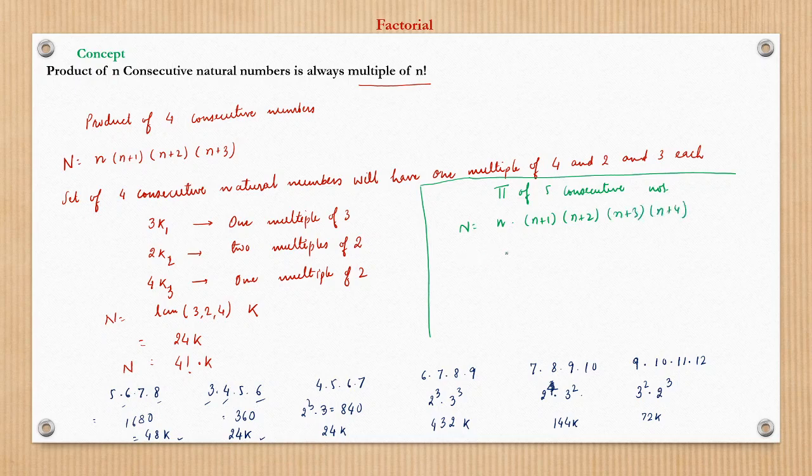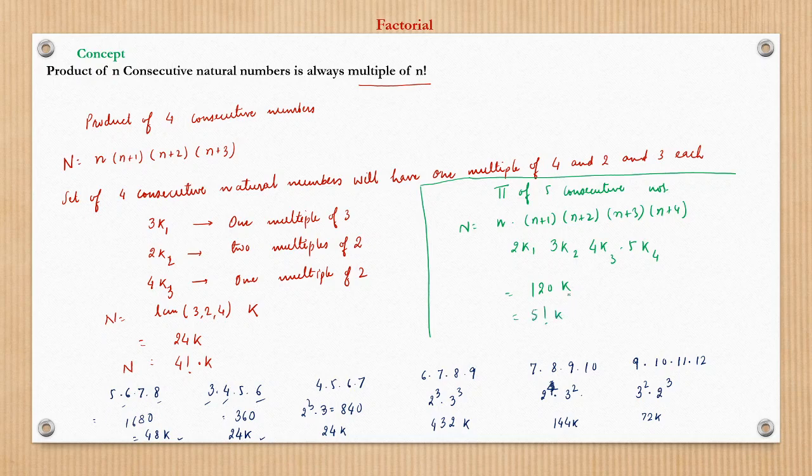Now among 5 consecutive numbers, there would be at least a multiple of 2. There would be a multiple of 3 also, because every 3 consecutive numbers will have at least one multiple of 3. Then there would be a 4 also, and a 5, because every multiple of 5 comes after a difference of 5 numbers. So these 5 consecutive numbers will have at least one 5. So the product becomes 5 into 4 is 20, into 3 is 60, into 2 is 120. That is 120k. So this is nothing but 5 factorial k.